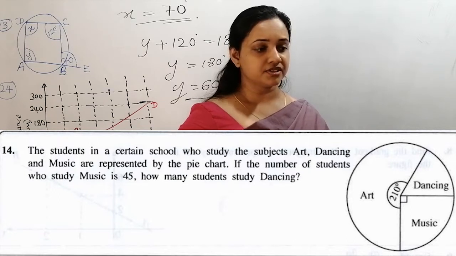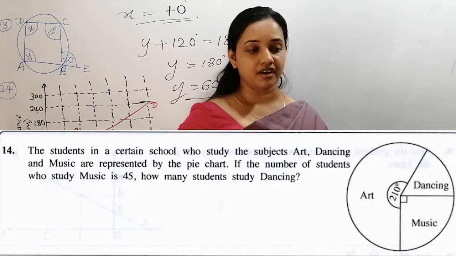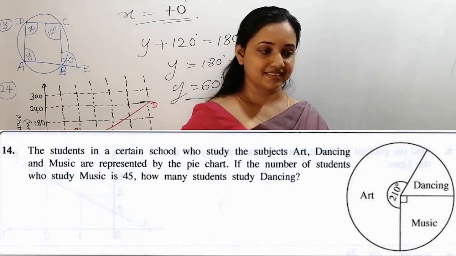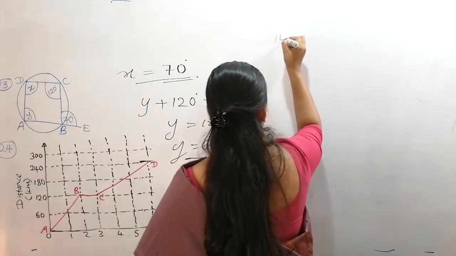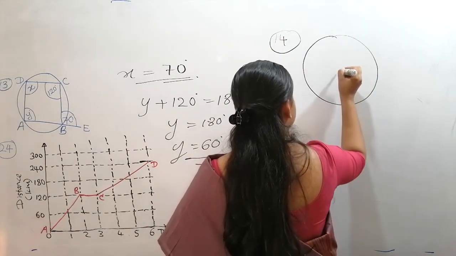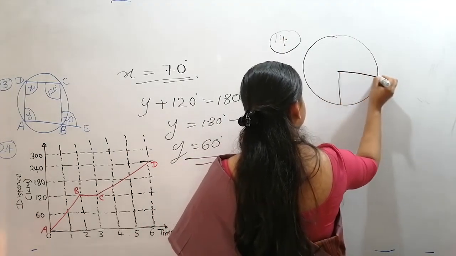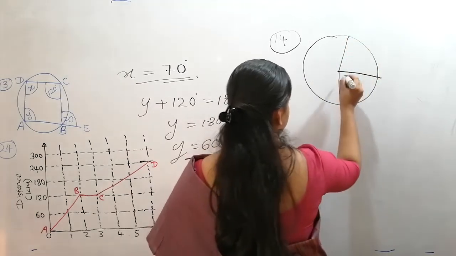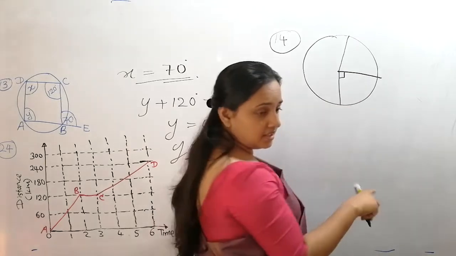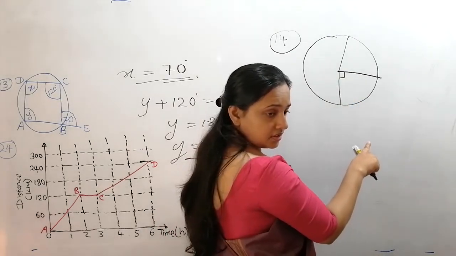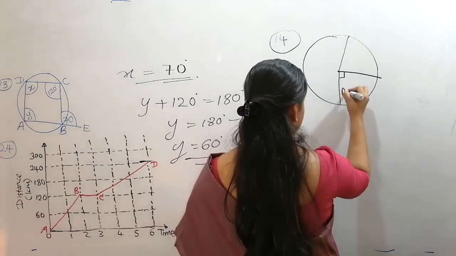If the number of students who study music is 45, how many students study dancing? Question number 14. A pie chart is given. This 90 degree angle represents music.